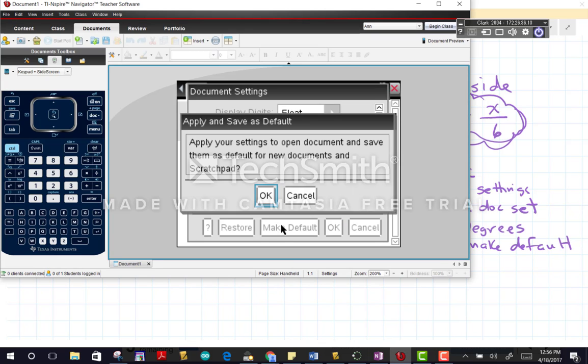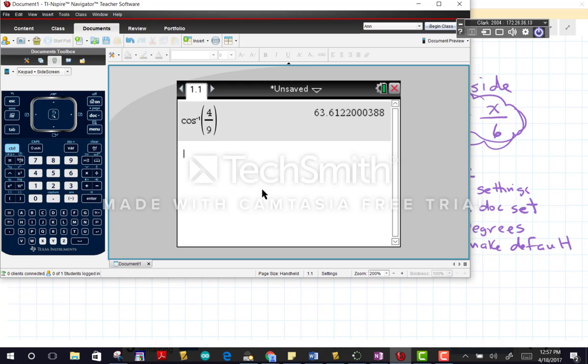So I'm going to go down till make default is highlighted, and then it'll say, do you want me to apply this and save as the default? And so it says, applying your settings to open document and save them as default for new documents and Scratchpad. And I say, okay, because that is what I wanted to do. Okay?